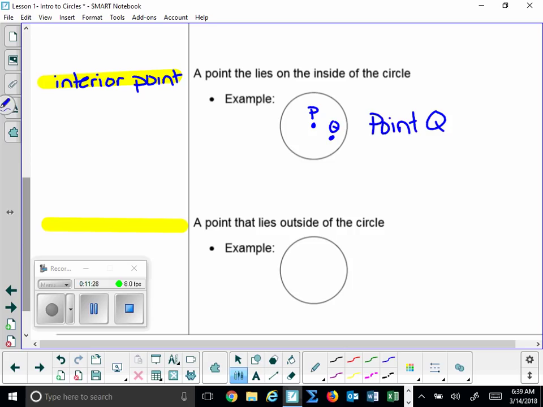And when we have a point that lies outside of the circle, we very cleverly call that an exterior point.